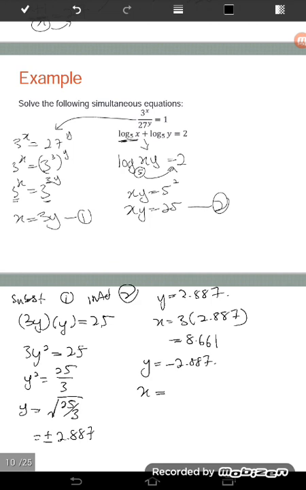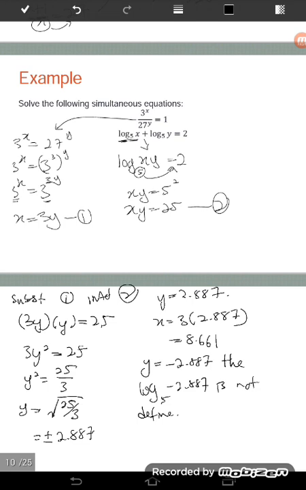Okay, so before that, if y is negative 2.887, the log of negative 2.887 base 5 is not defined.